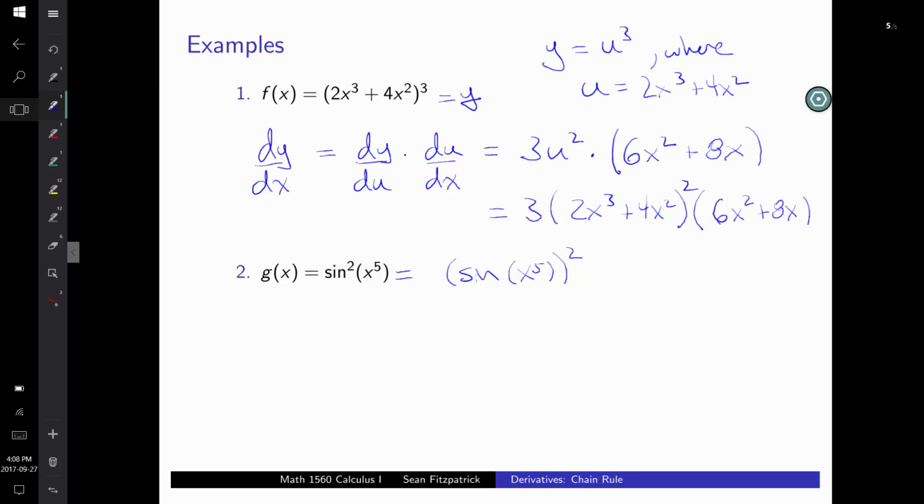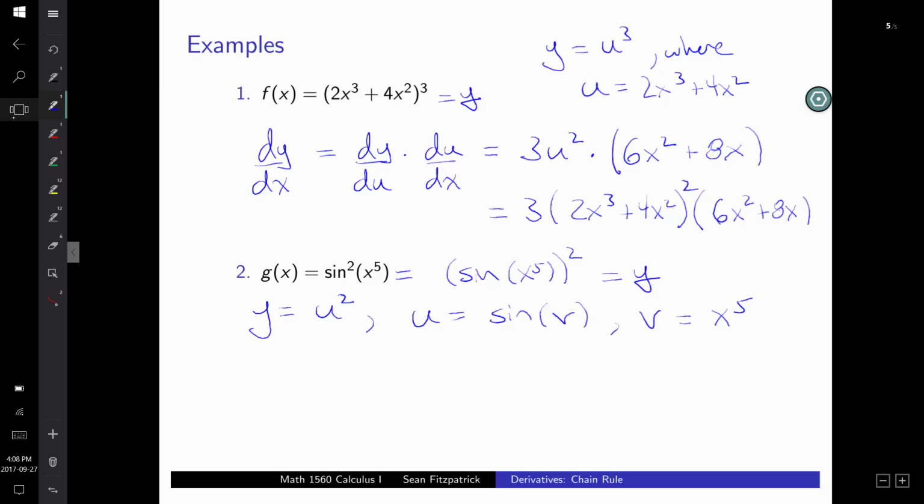When you're composing three or more functions, the same thing works; you just split things up. We could think of this as, if this is my y, y is equal to u squared, where u is equal to sine of v, where v is x to the fifth.